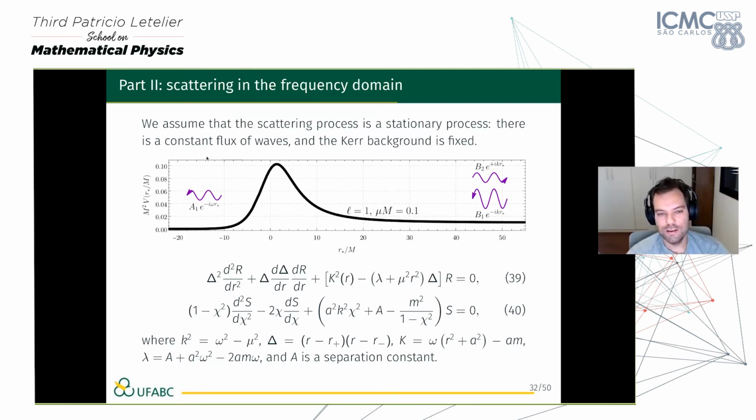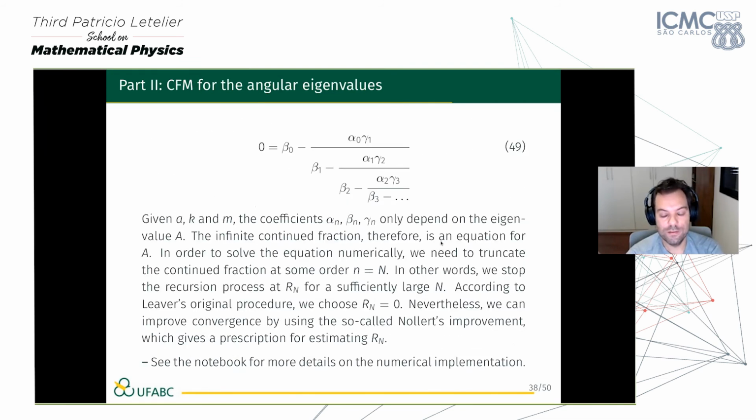So here in the scattering problem, we have a constant ingoing flux to the horizon, and far away a constant ingoing flux and a constant outgoing flux, and at all times it's always like that. But you can study the problem in the time domain.